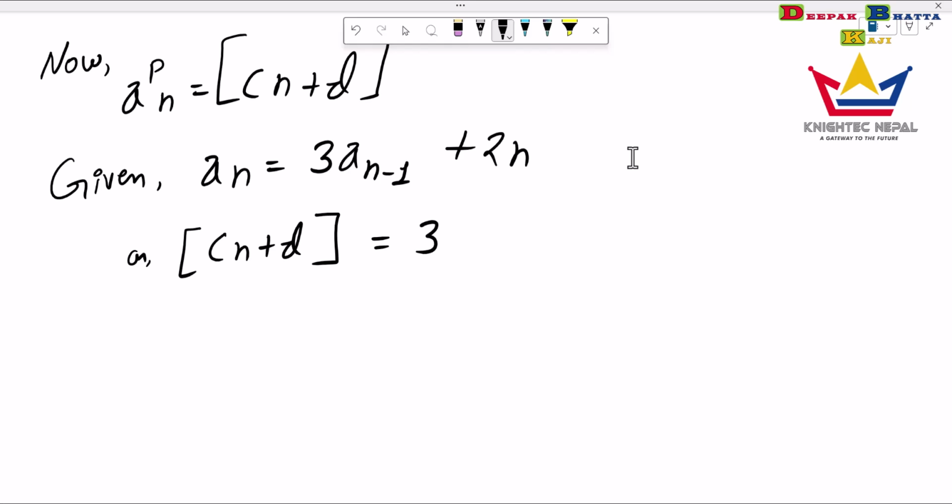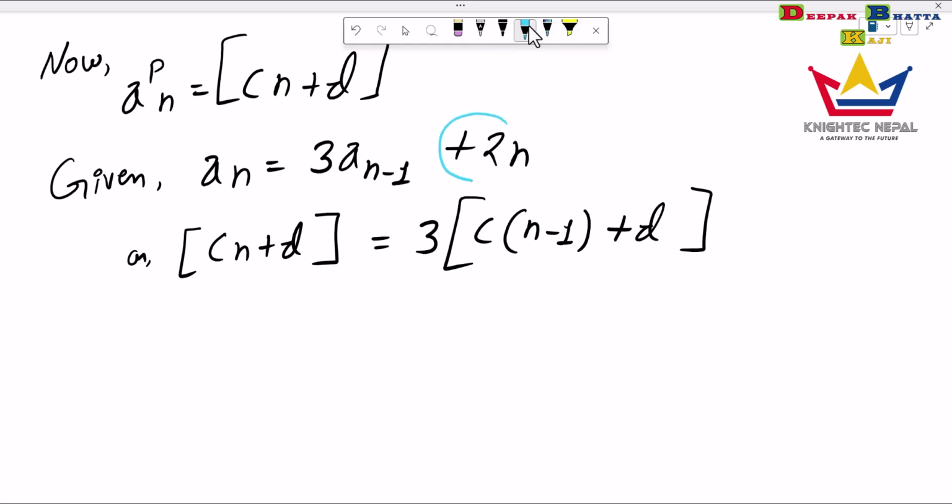Here it is n minus 1, so C times (n minus 1) plus d. So you need to write here C(n minus 1) plus d. Now you need to write this plus 2n as it is, right?